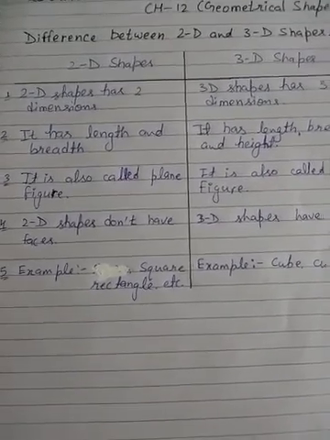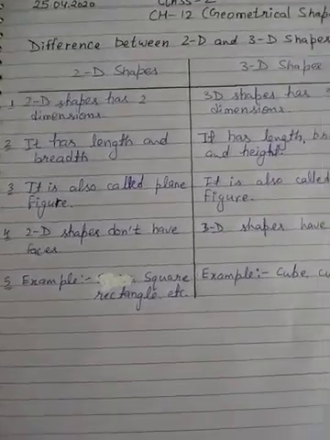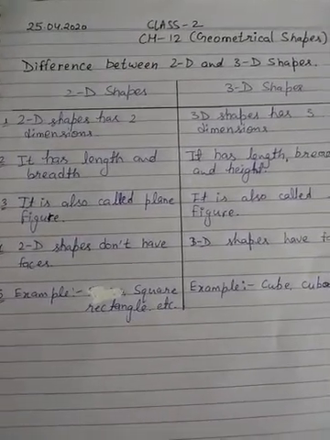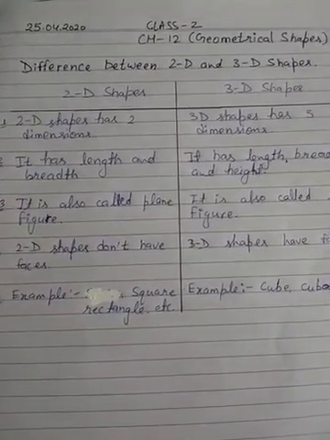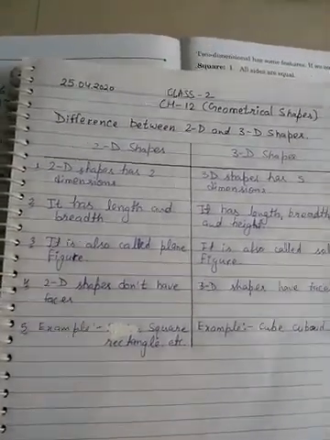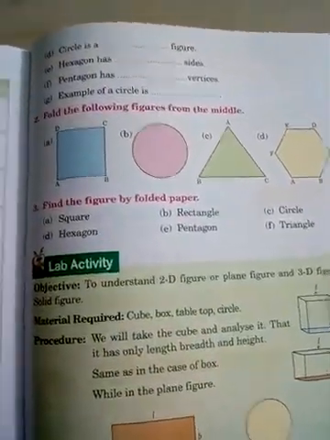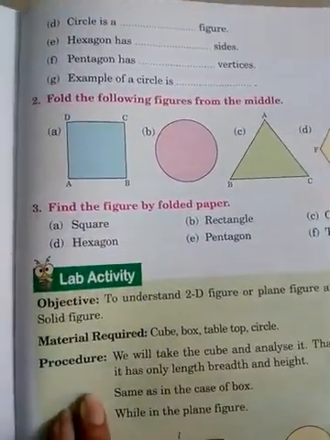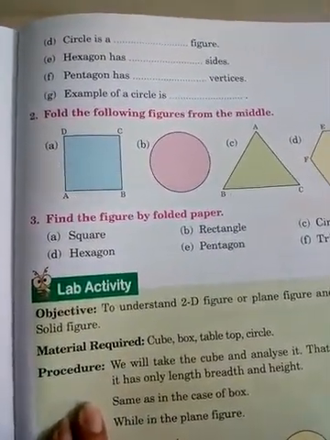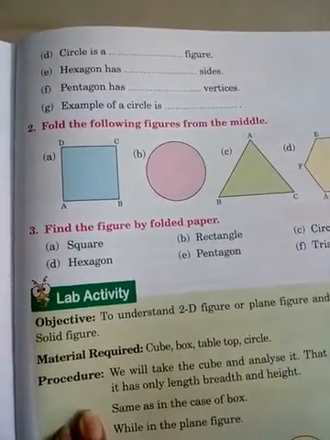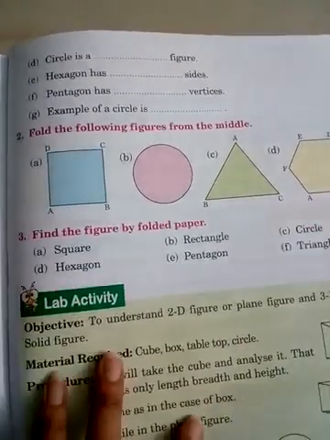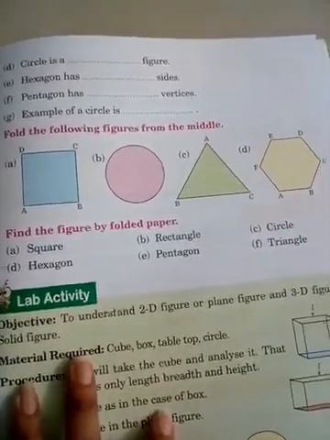And as we have completed the chapter, this is a very small chapter, and we have already completed it in our last class. So what you have to do, I have some extra work so that the things become clearer to you. You have to do question number 2 of exercise 12.2. Now I am going to tell you how you can do it.